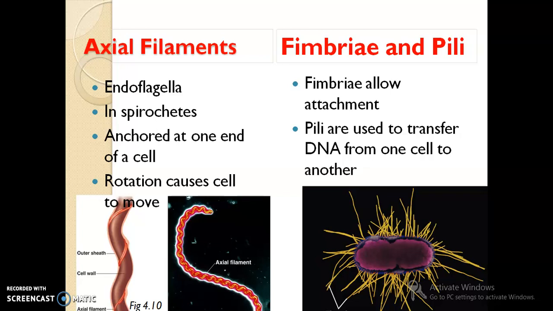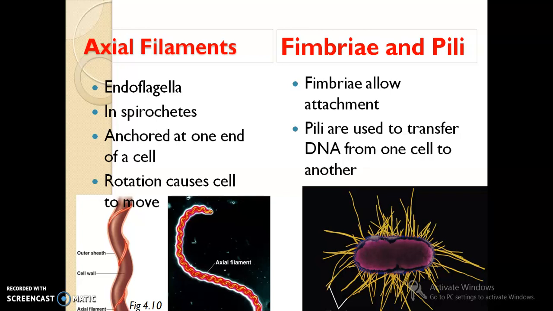The fimbriae are antigenic, mediate adhesion and inhibit phagocytosis. The sex pili help in conjugation. Conjugation is the transfer of genetic material from one cell to another cell.